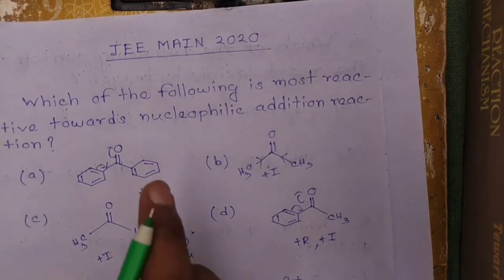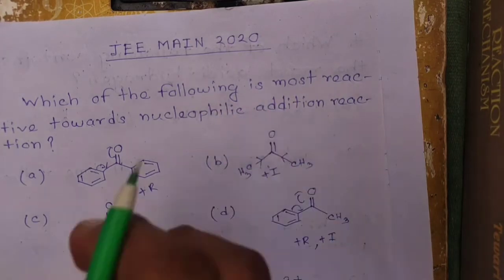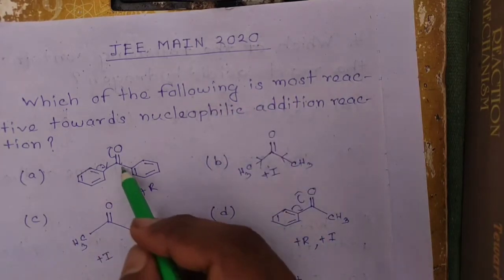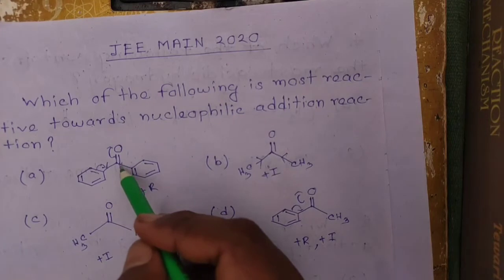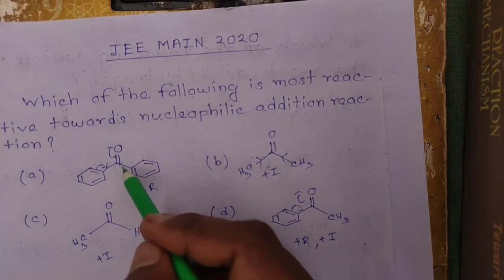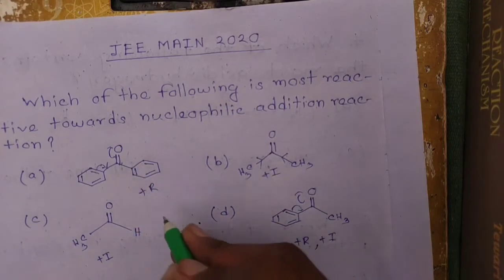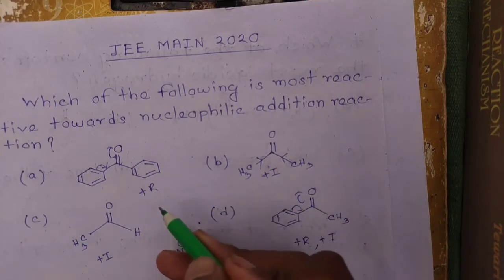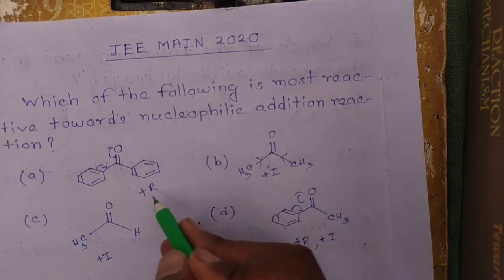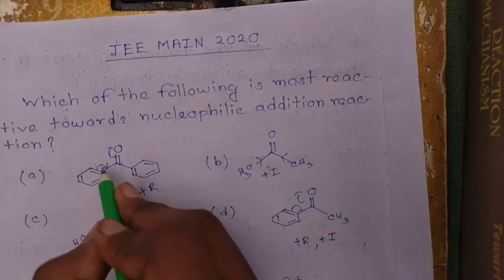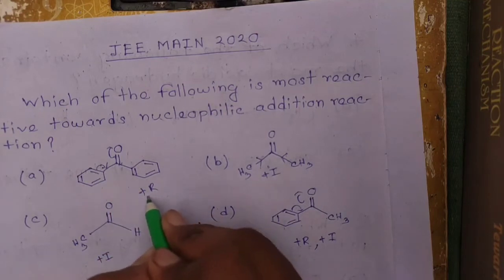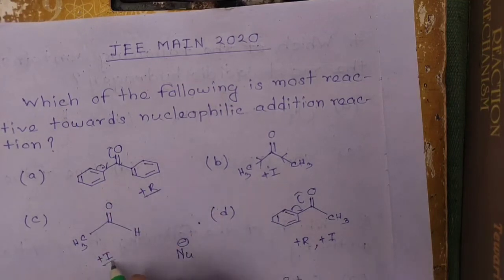So now in nucleophilic addition reaction, the electrophilic center must contain more positive charge so that the nucleophile can attack easily. And we know that the electron donating property of plus R effect is greater than that of plus I effect.